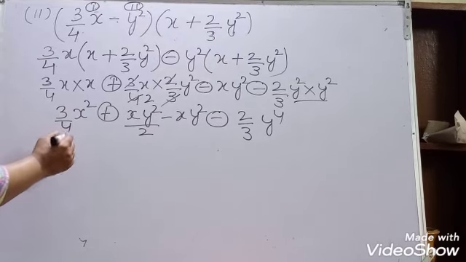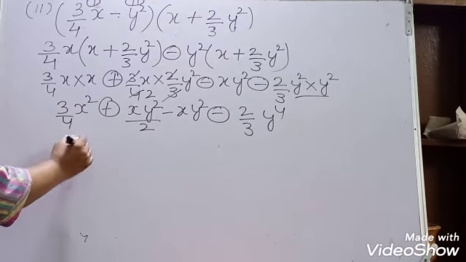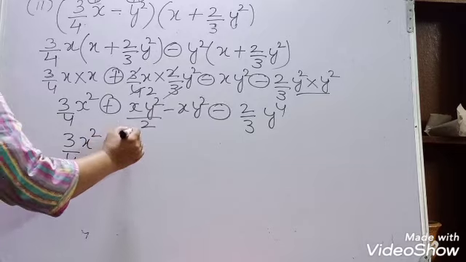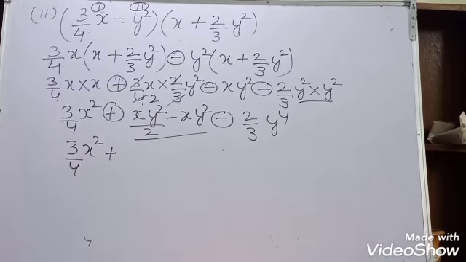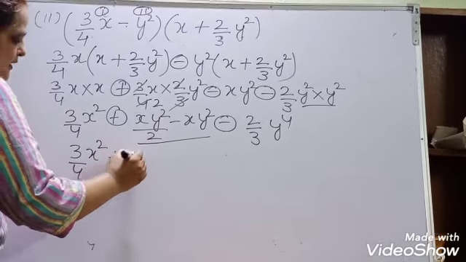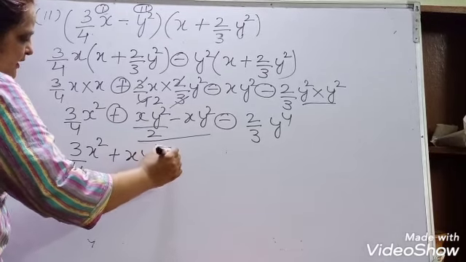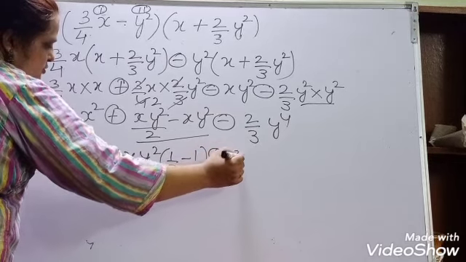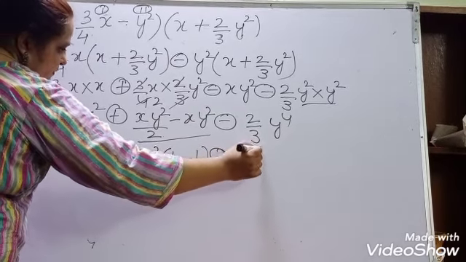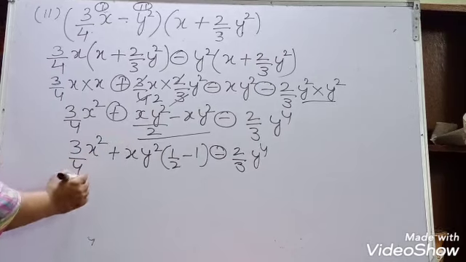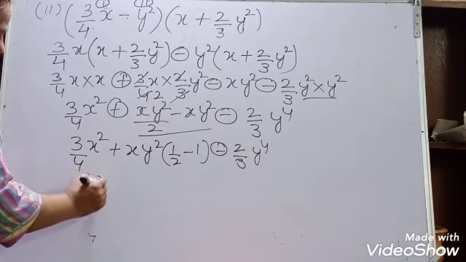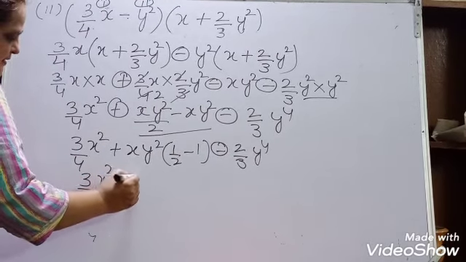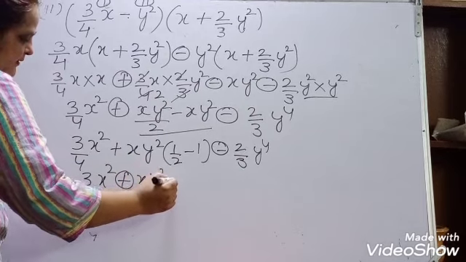Here it will become now 3 over 4 x square. Now these are two like terms. So taking out the like term as common, it will become 1 over 2 minus 1, minus 2 over 3 y raised to power 4, then 3 over 4 x square plus xy square.